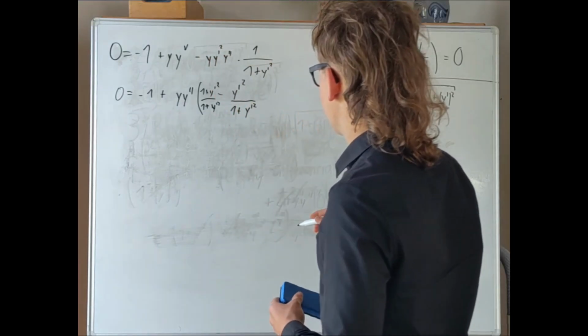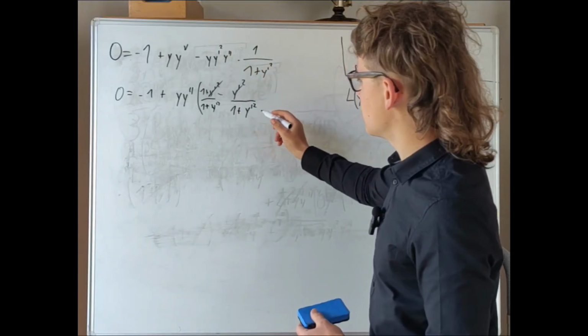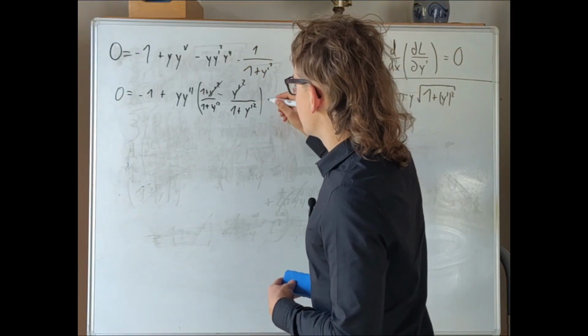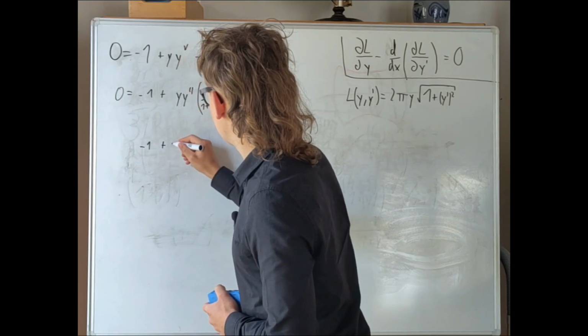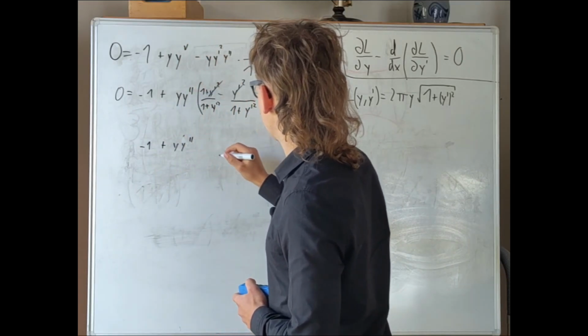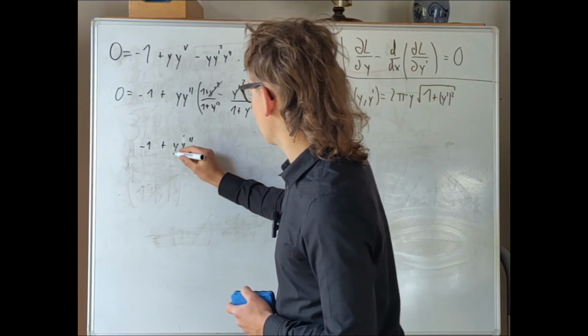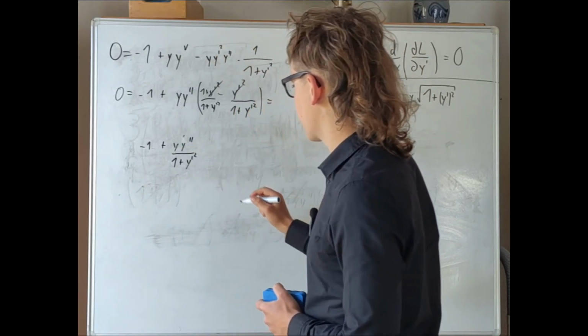Sorry, that's so messy. But anyways, we see that these two now cancel because the numerator is the same. And this gives us negative 1 plus y prime, y double prime, all over 1 plus y prime squared.